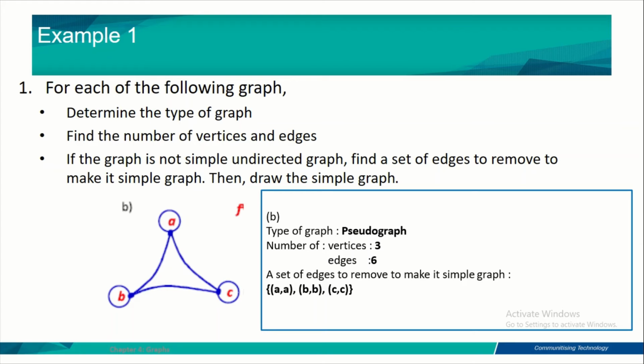So we can have multiple edges or not. Here we have loops at point A, point B, and point C. So the number of vertices is 3, and the number of edges is 6. A set to remove to make it a simple graph: we need to remove all the loops, so AA, BB, and CC. So we draw the simple graph.